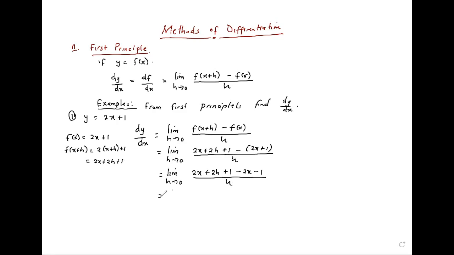But 2x minus 2x is 0, and 1 minus 1 is 0, so it remains 2h over h. This is just the limit as h goes to 0 of 2, but the limit of a constant is just a constant. Example 1, the easiest.